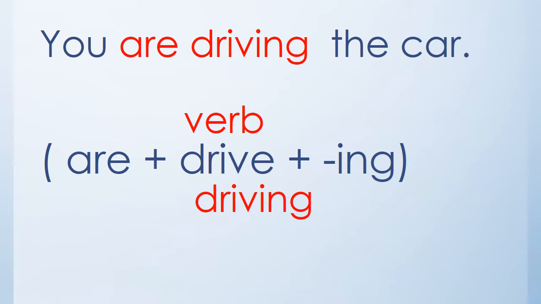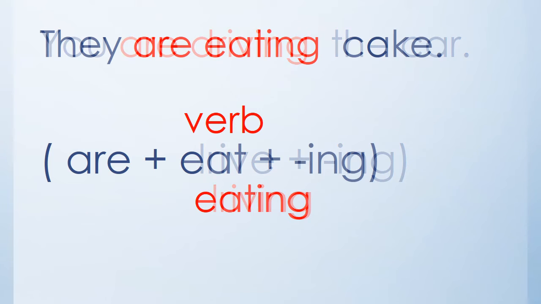Next, you. With you, we use are. You are, and the verb is drive. We add ing to it. It becomes driving. You are driving. Next, they are.